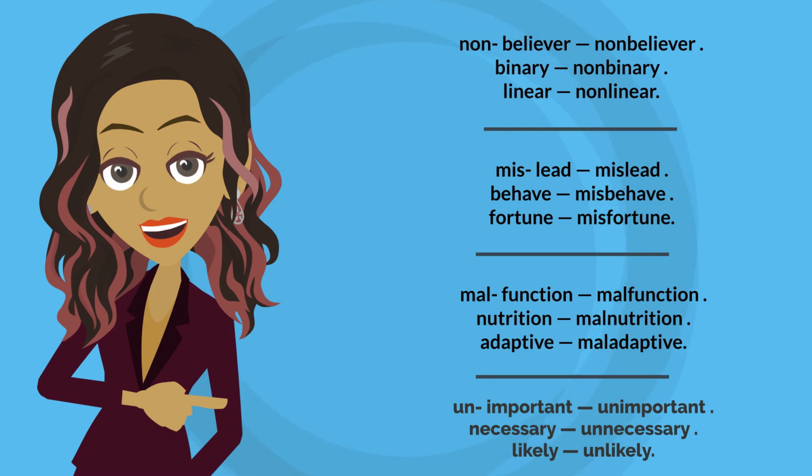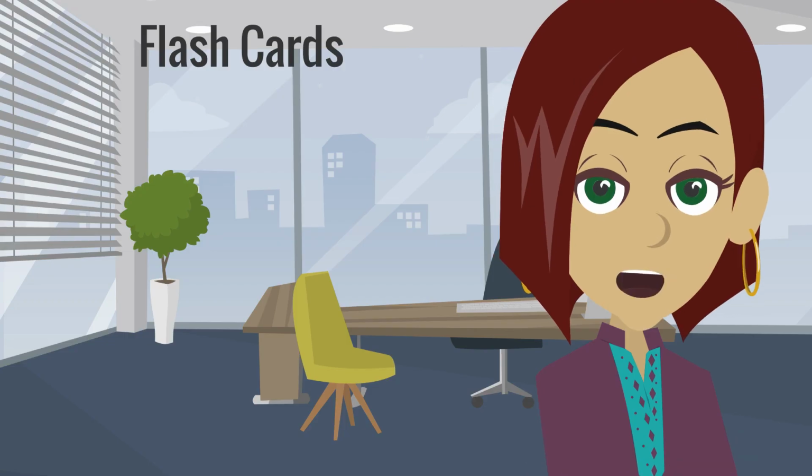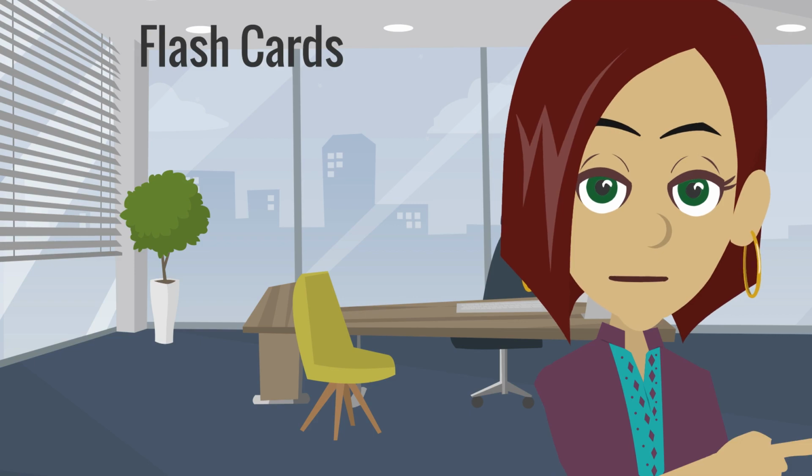Behave, misbehave. Fortune, misfortune. Function, malfunction. Nutrition, malnutrition. Adaptive, maladaptive. Important, unimportant. Necessary, unnecessary. Likely, unlikely. You can use flashcards to help teach antonyms.